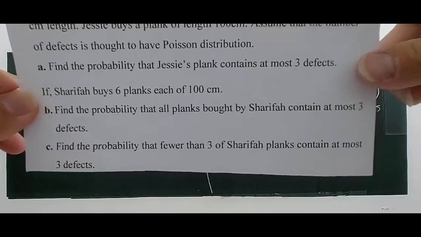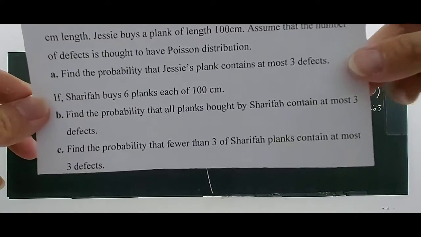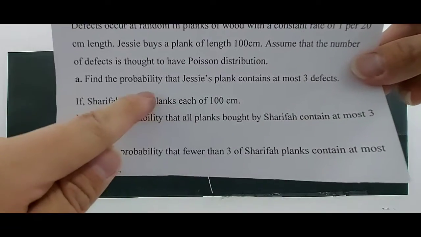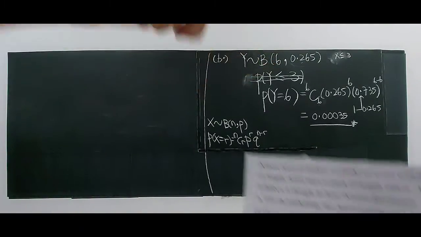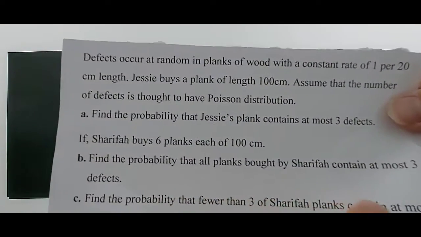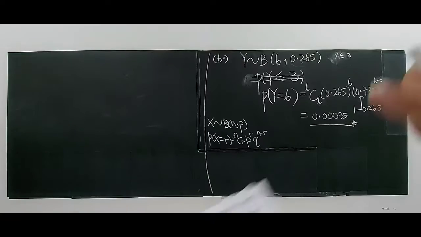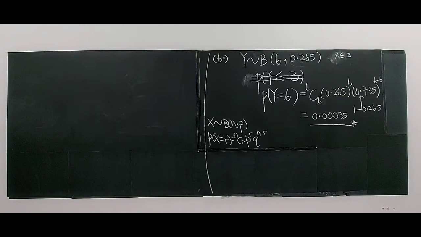Find the probability that fewer than 3 of Sharifah's planks contain at most 3 defects. Means that out of the sample of 6 planks bought by Sharifah, fewer than 3 contain at most 3 defects. So it's a binomial distribution.